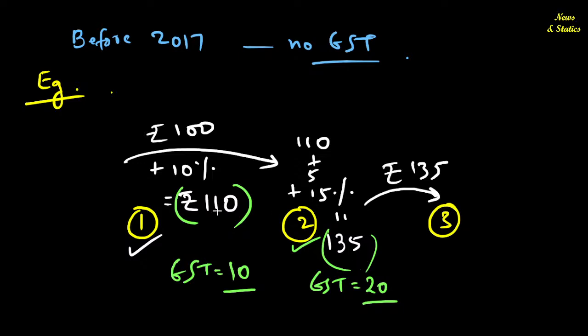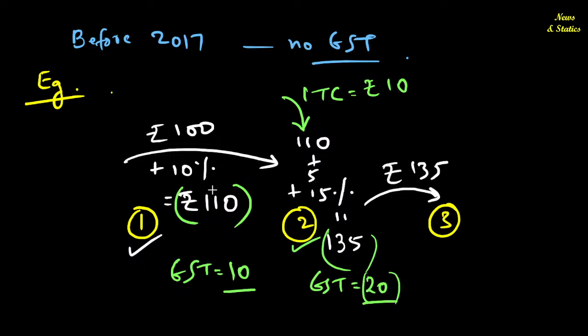But he says to the government, you have already received 10 rupees from person 1, and therefore you should only receive an additional 10 rupees, and that will make your 20 rupees. In other words, I will pay you 20 rupees, but refund me the 10 rupees that was paid out of my pocket in the earlier transaction. So when person 2 files his GST return, he will pay 20 rupees and he will be given a credit, known as an input tax credit, of 10 rupees from the government.